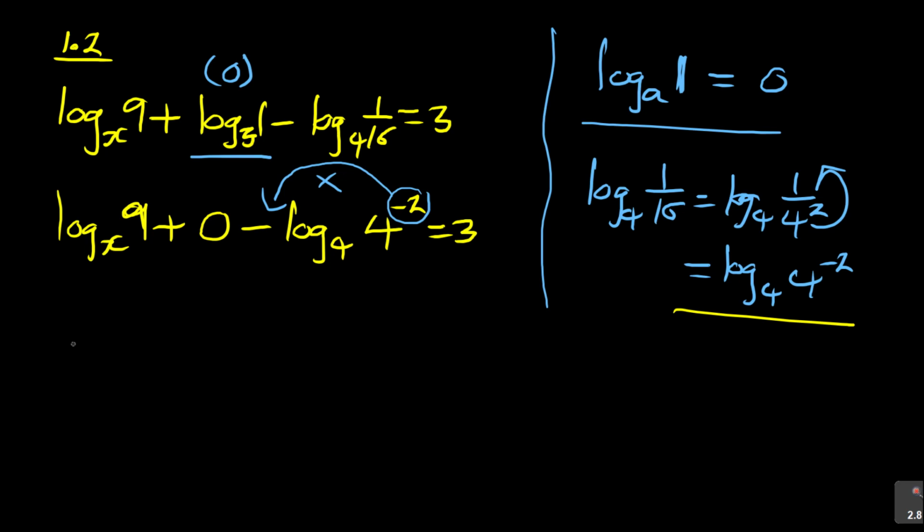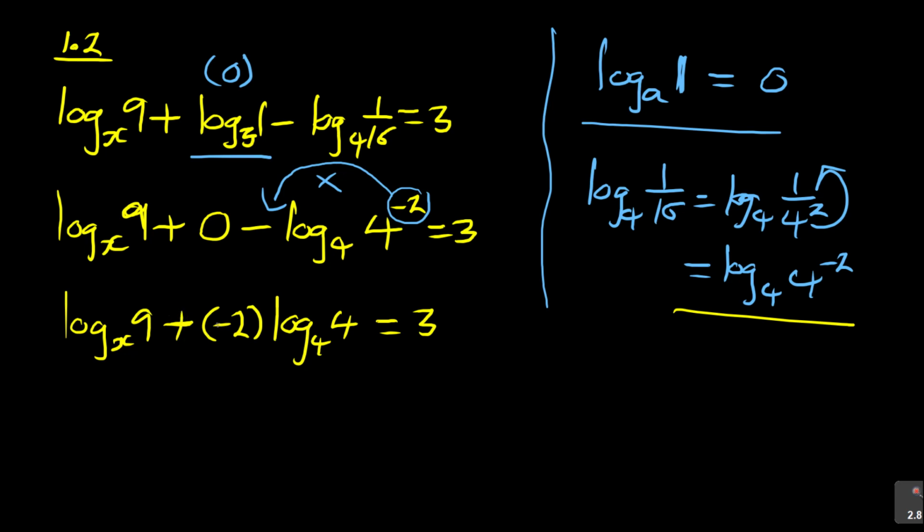So what we have is log base x of 9 is equal to minus, minus, so there is the first negative there, and then in brackets negative 2 log base 4 of 4 is equal to 3. Two negatives, negative and negative, give you a positive. Remember that. So you have log in base x of 9 plus 2 log 4 of 4, and log 4 of 4 becomes 1.